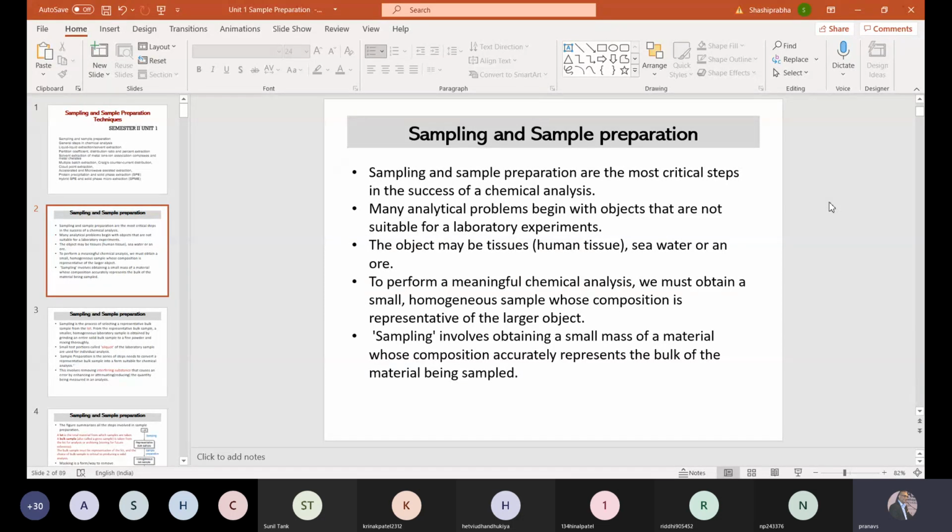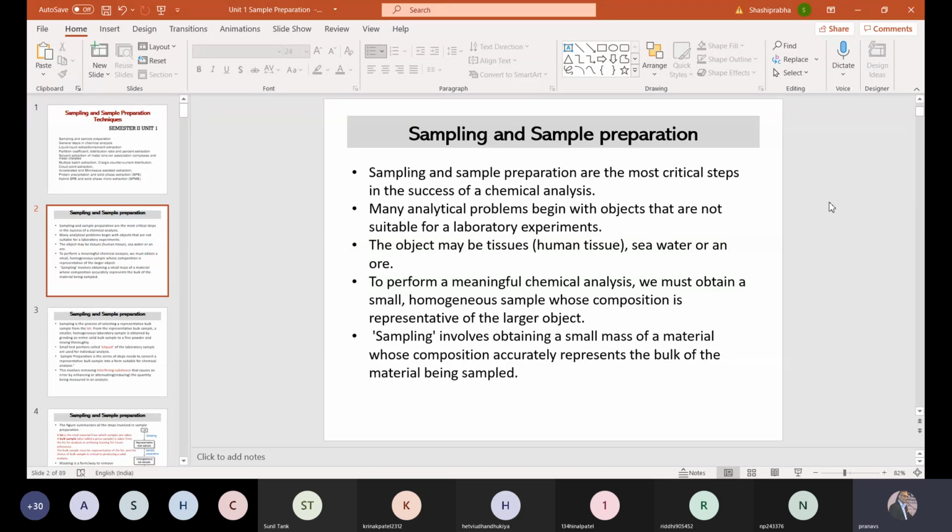Say, for example, you are in the process of collecting a soil sample. Fine. Now you find soil all around. So you need to define certain things before you collect a sample. You can collect a sample from the topsoil, or you can go down and at a depth you can collect a sample of soil.